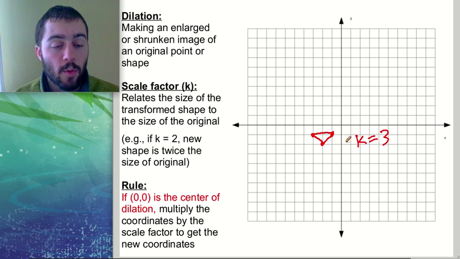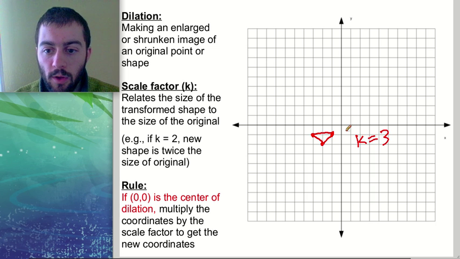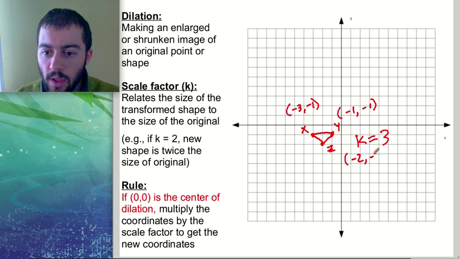Okay, so if you want to try this one out on your own, I can give you the coordinates here in case you can't see it too well. So the coordinates, if we make this triangle, let's call it X, Y, Z. The coordinates here would be X is -3, -1, Y is -1, -1, and Z is -2, -2.